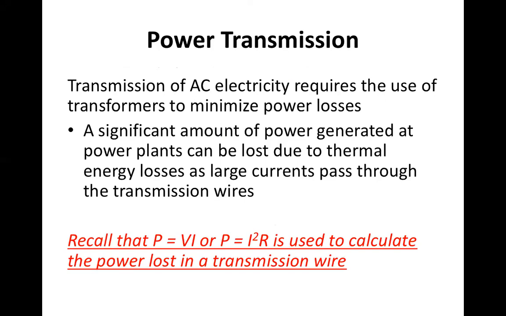So they're oscillating back and forth. If it was DC current, it would have a significant power loss. So AC electricity is used because it minimizes power loss.